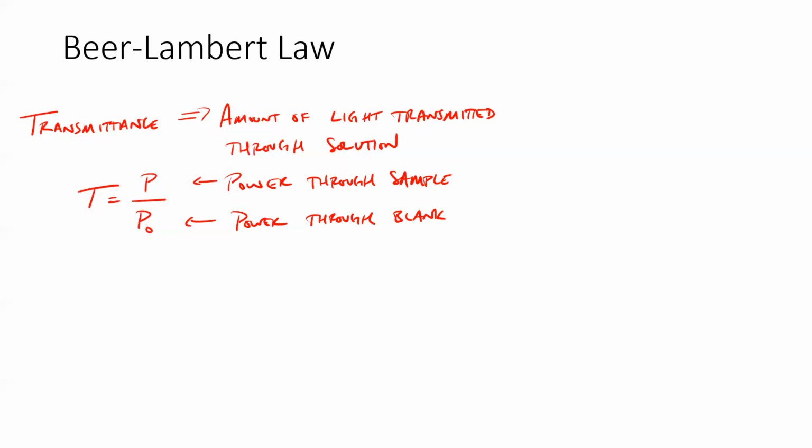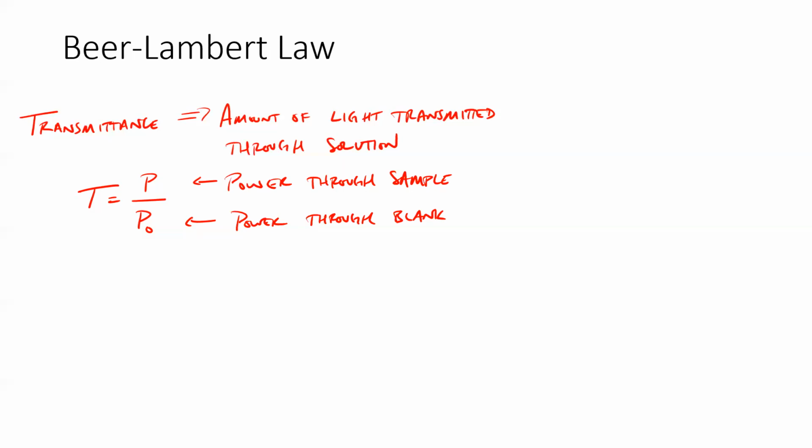Right, that initial power that we set as our background, that we set as our zero. And they worked with transmittance for a while. If you have done a lot of IR spectroscopy, you know that the y-axis on an IR spectrum is still percent transmittance, right? And so this is still a useful bit to know. But when we talk about UV vis specifically, we don't tend to talk about transmittance.